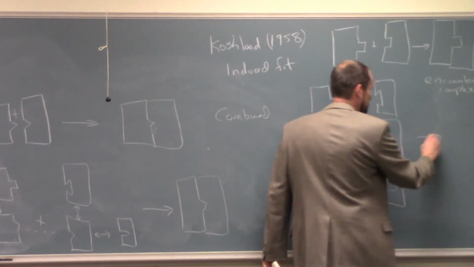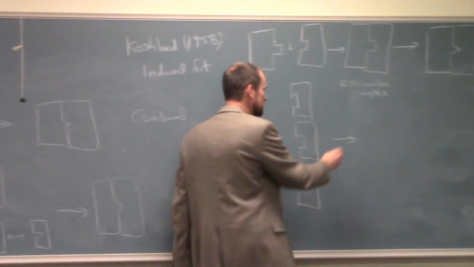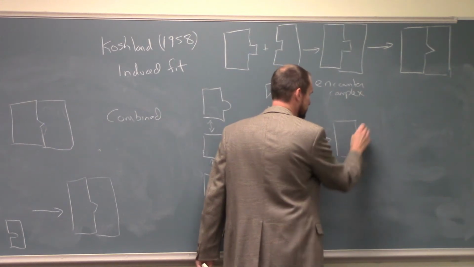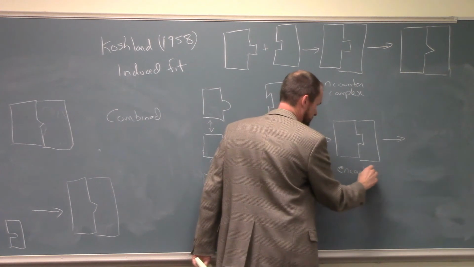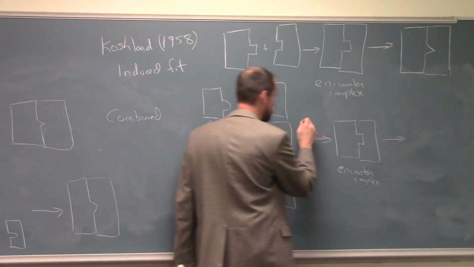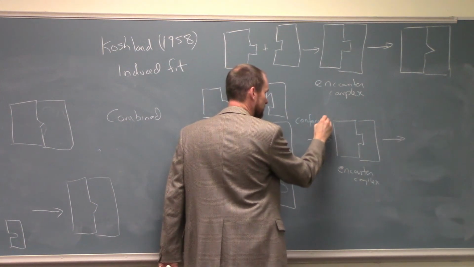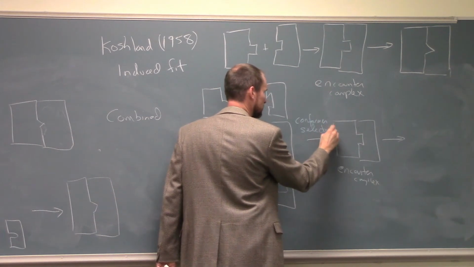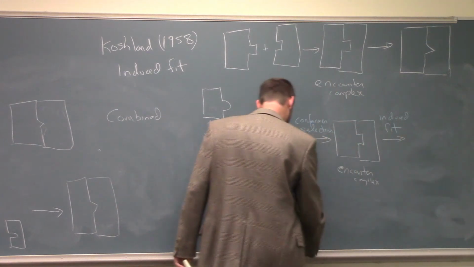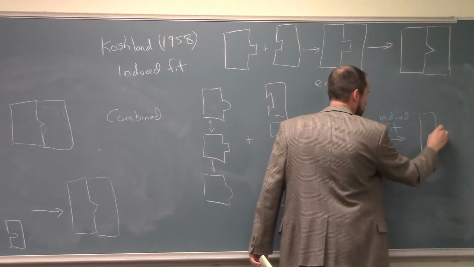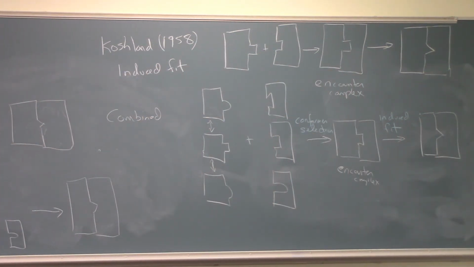Conformer selection would happen first, and we'd select out the conformers that are competent to bind together, giving again an encounter complex. And then we'd have a second stage of induced fit. Here we get to our final bound complex.